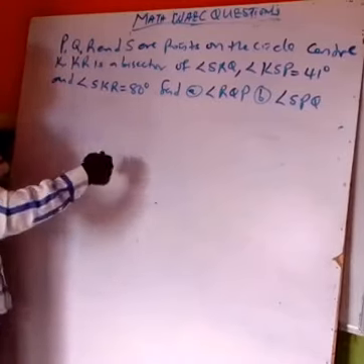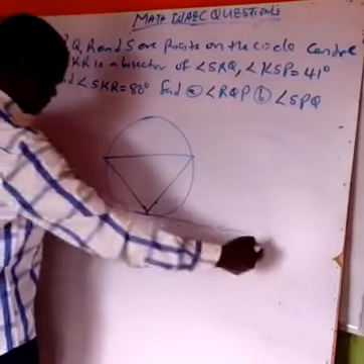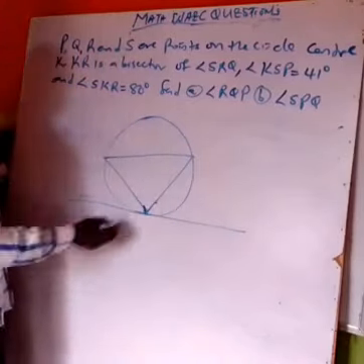Then you have what we call the alternate segment. So here you have an angle like this, this tangent. So you have this angle here, which is alternate segment to this.